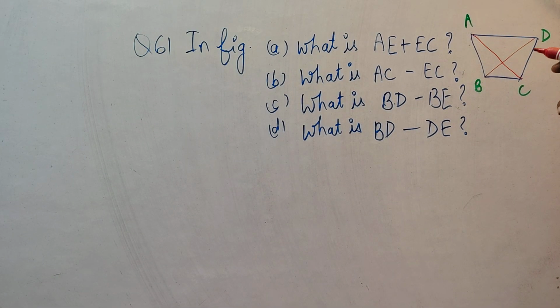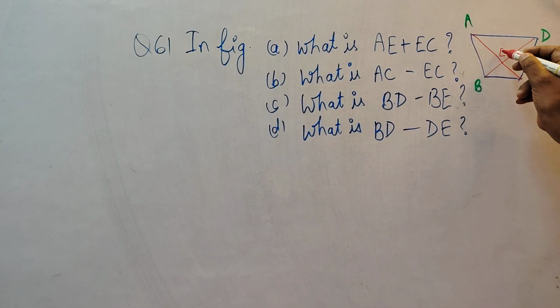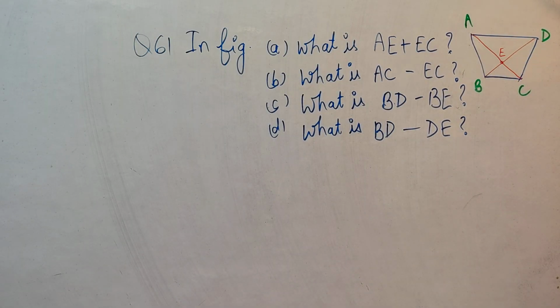The diagonals intersect at point E in the middle. Now in the figure we have to find out what is AE plus EC.